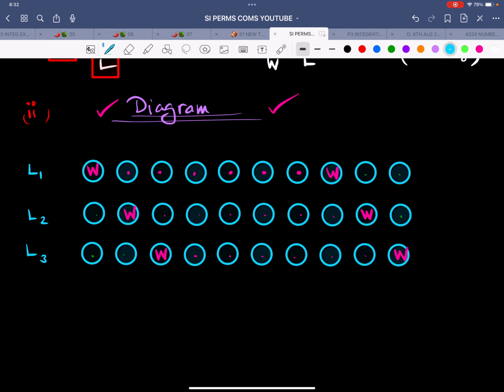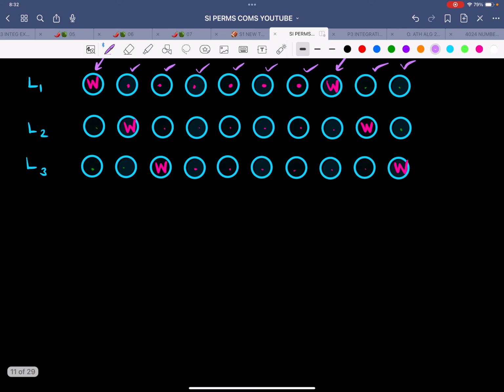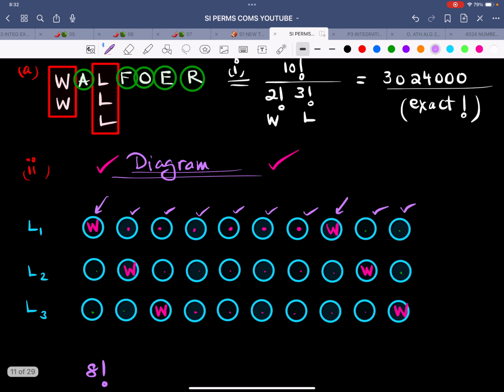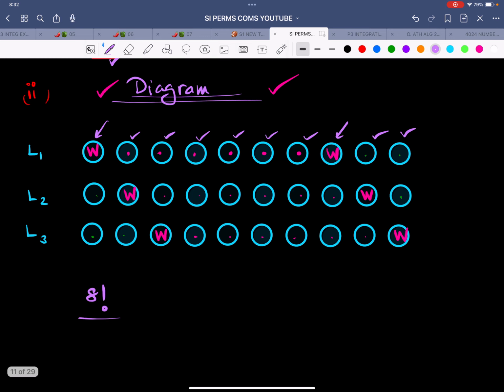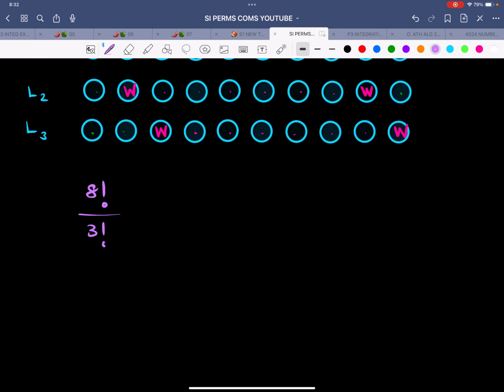Now the W's are fixed. So there is one possibility for this W, one possibility for this W, and then 1, 2, 3, 4, 5, 6, 7, 8. There is 8 factorial over here. So 8 factorial for line 1, divided by, the W's are fixed but the L's still remain, divided by 3 factorial for the L's, and what else is there?